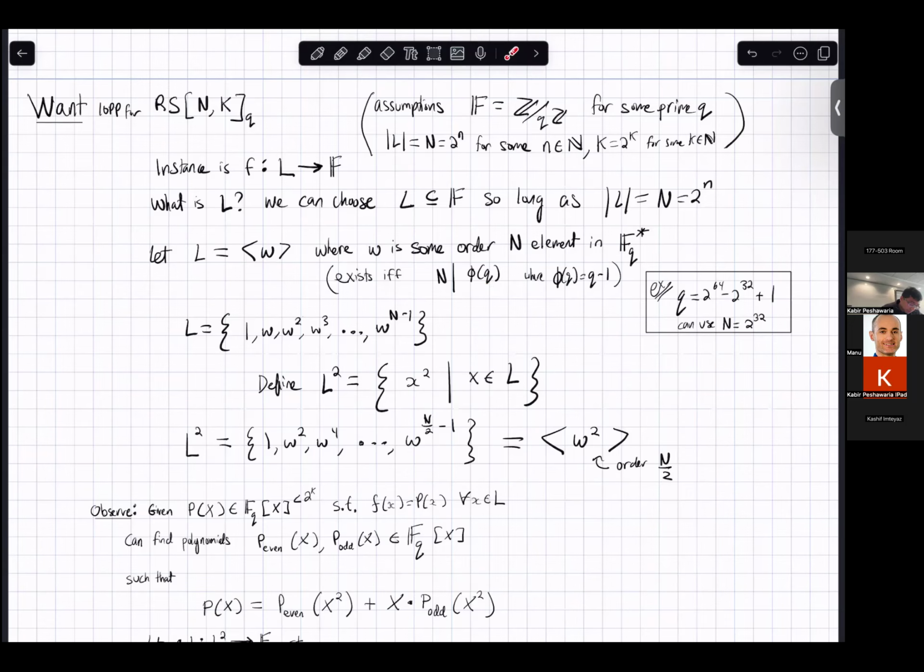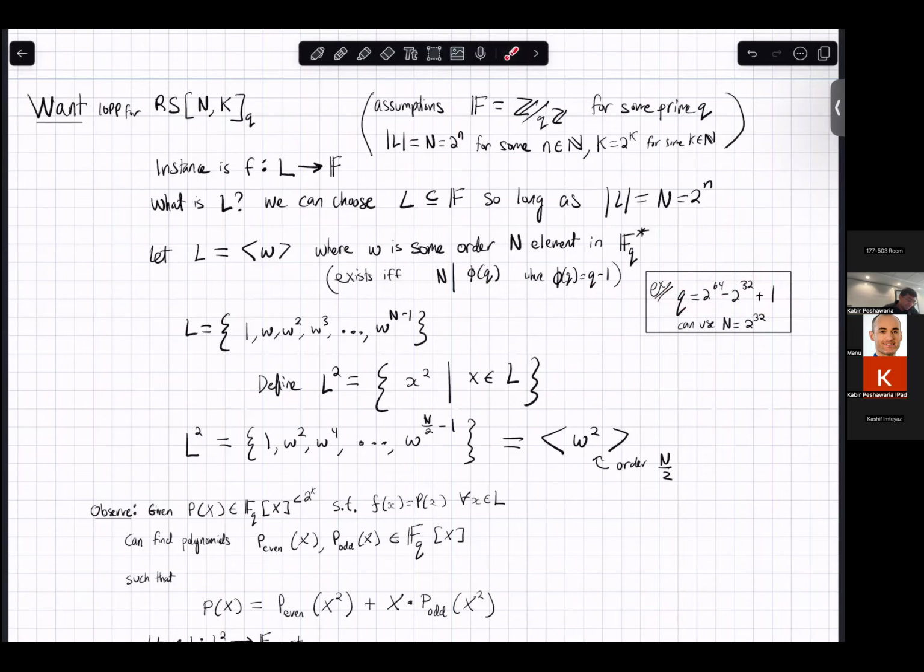As an example, we can think of this prime here. Yes, that's actually a prime. It's really cool. It's called the Goldilocks prime: 2 to the 64 minus 2 to the 32 plus 1. If you think about the totient of q, which is q minus 1, that's 2 to the 64 minus 2 to the 32. Therefore 2 to the 32 actually divides q minus 1.